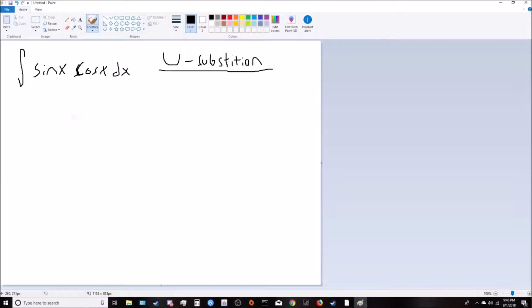With U-Substitution, what you want to look for is terms that are equal to the derivative of other terms. In this one, that's pretty simple. Cosine of x, as you know, is the derivative of sine of x. So that means we want to make sine of x our u. And what we're going to do next is take the derivative of our u term with respect to x.